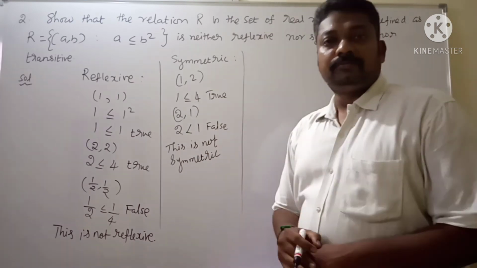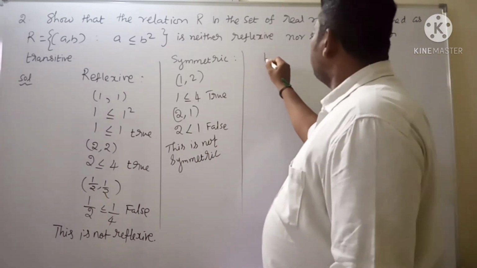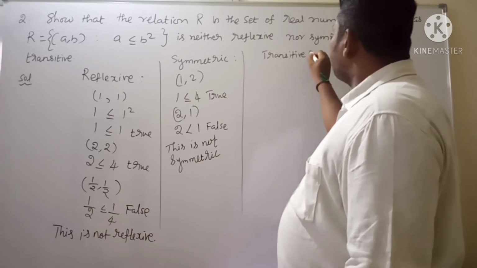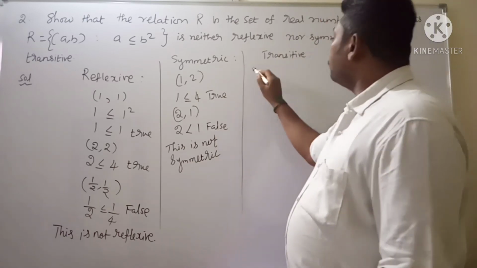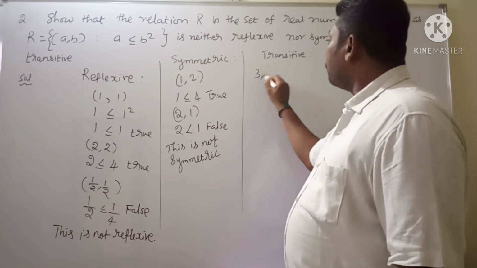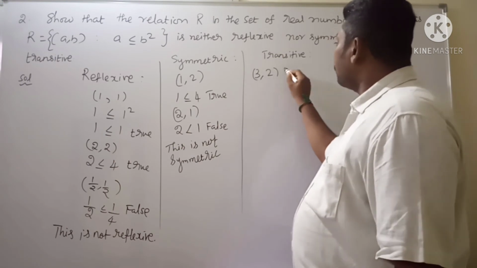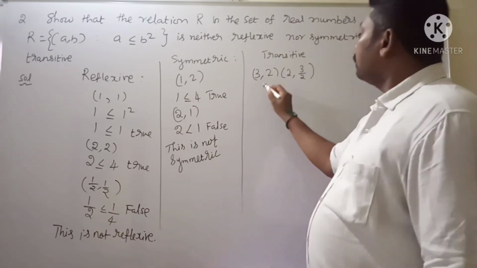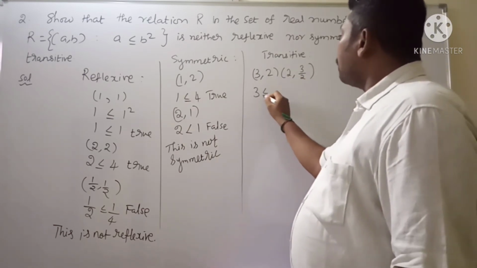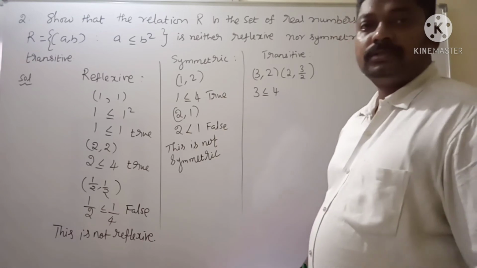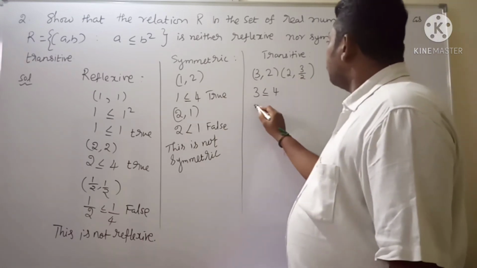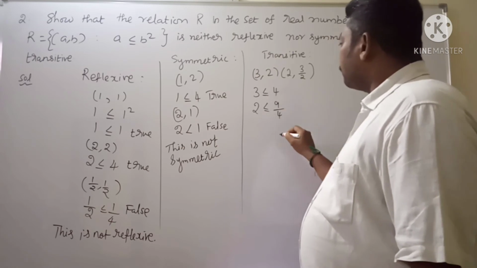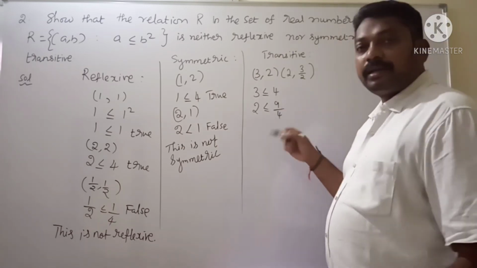Now let's check for transitive. We'll take (3, 2) and (2, 3/2). So 3 ≤ 4, this is correct. Then 2 ≤ 9/4, which is true since 9/4 is greater than 2.